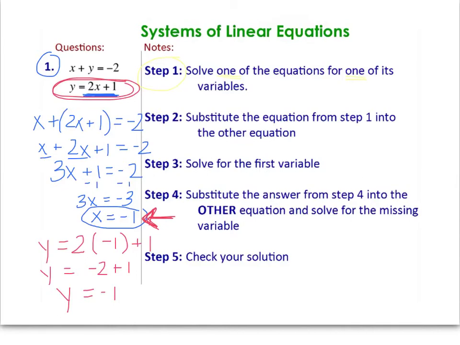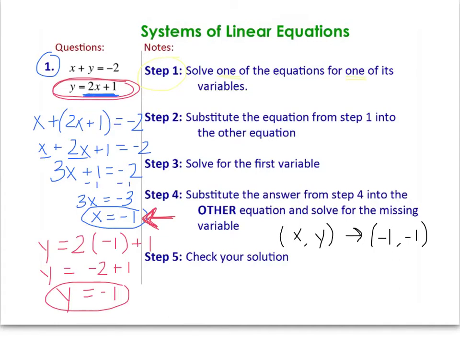So it says check your solution. Well, what's my solution? Right now I have y equals negative 1 and x equals negative 1. If I remember from yesterday and previous classes, my solution is the point where my lines intersect. So my solution to this system would be the point x comma y, or the point (-1, -1). Well, we always want to check.